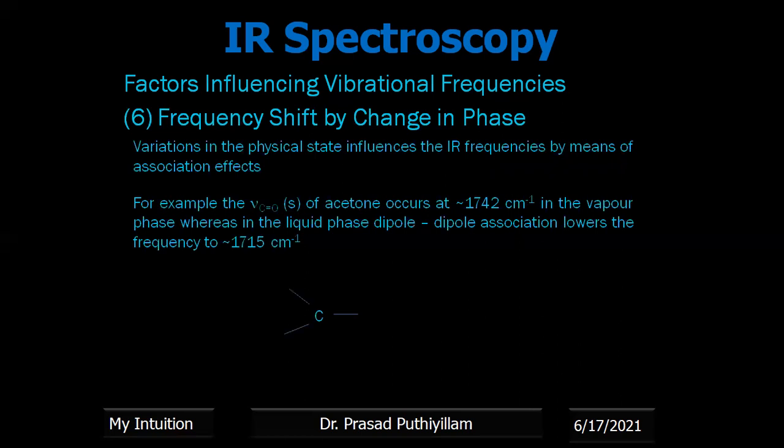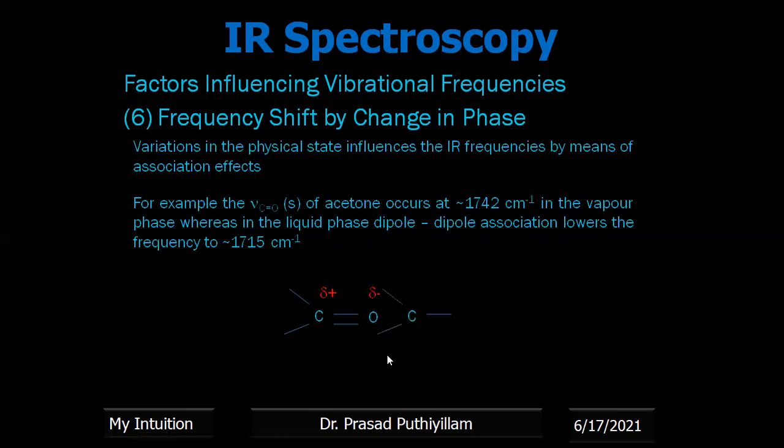I'm representing that dipole formation. We know that oxygen is more electronegative than carbon, so oxygen gets a partial negative charge and carbon gets a partial positive charge. Therefore, another molecule with a carbonyl group in the liquid phase can come closer, because the negative charge can attract another positively charged carbon.